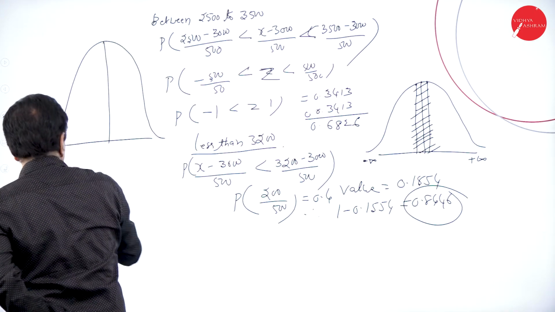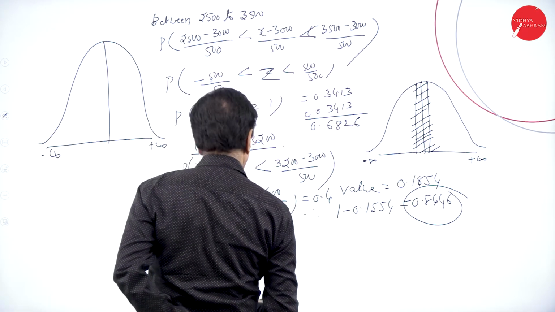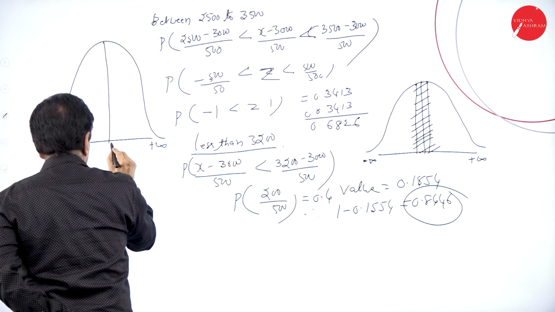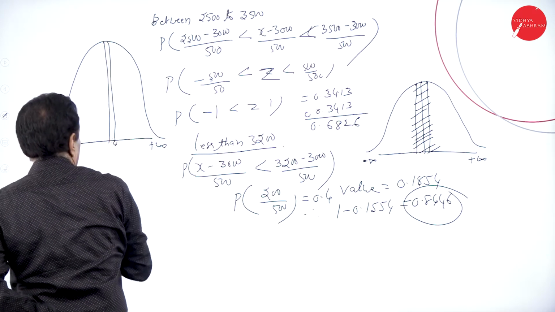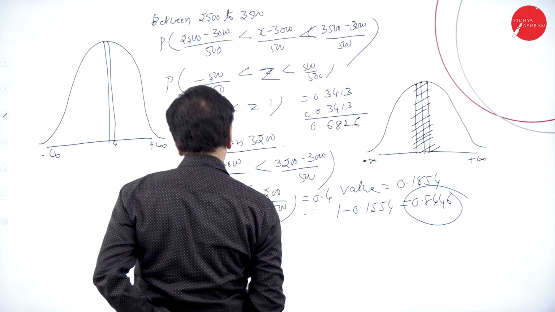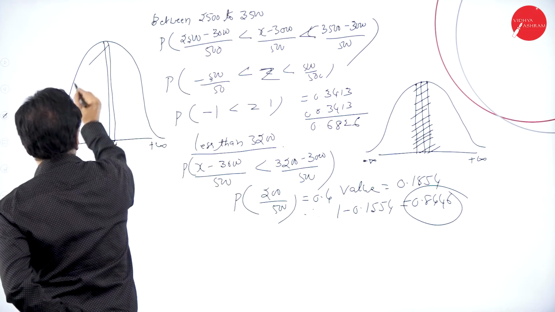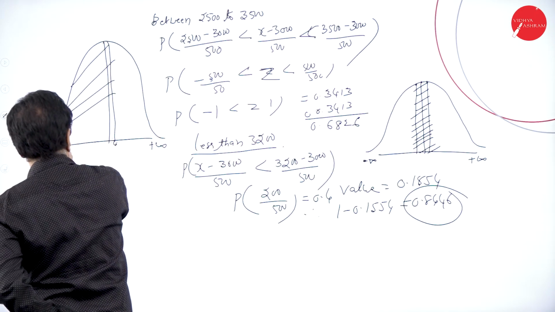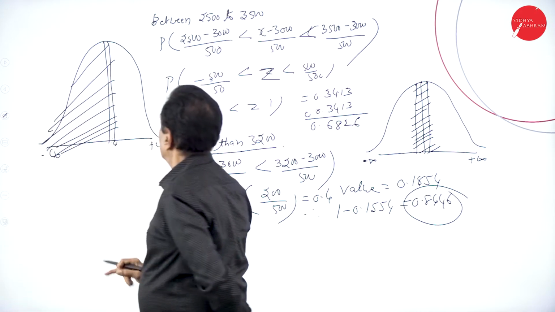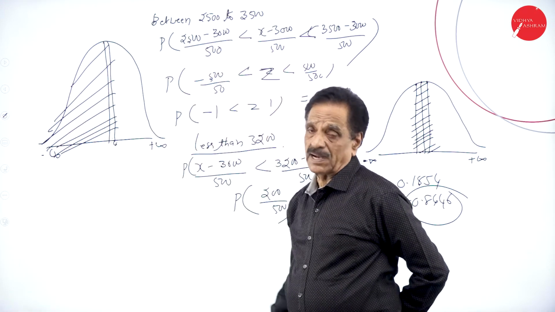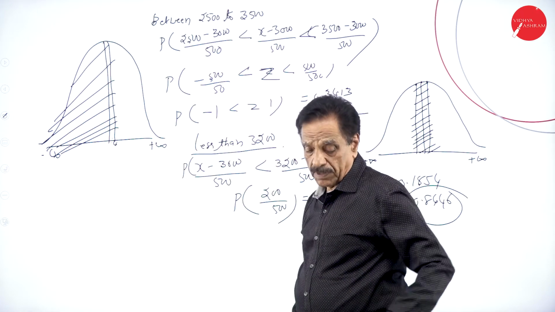This is minus infinity, positive infinity. 0.4, it is less than 3,200. This is the way: more than that side, less than this side.